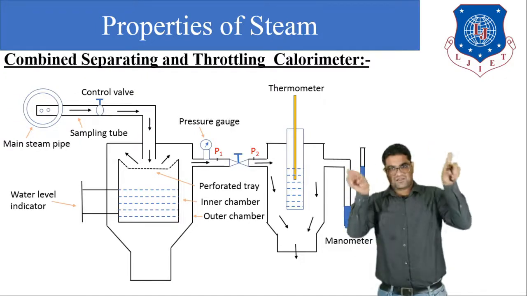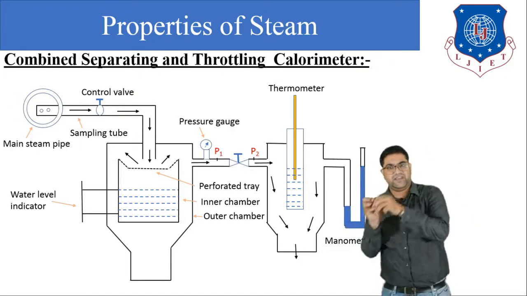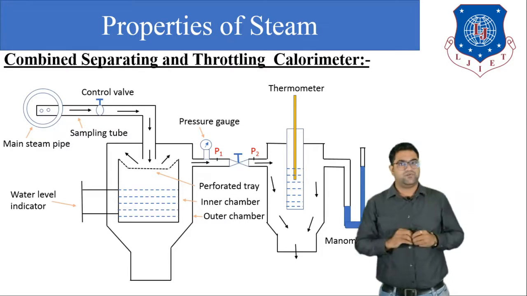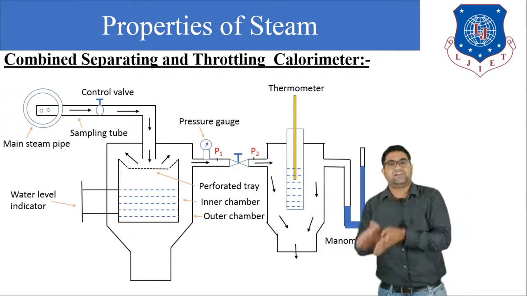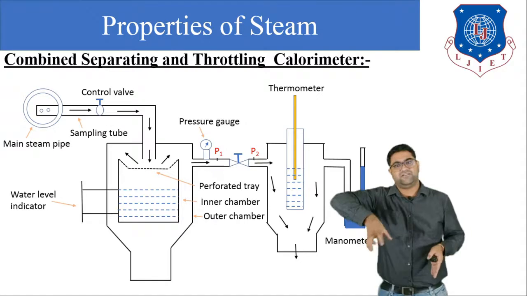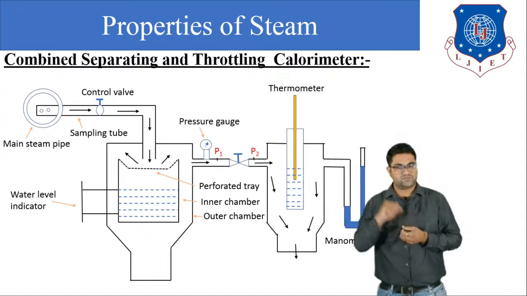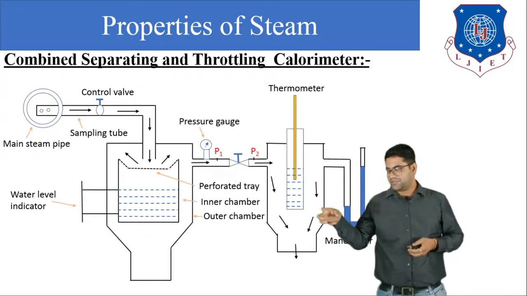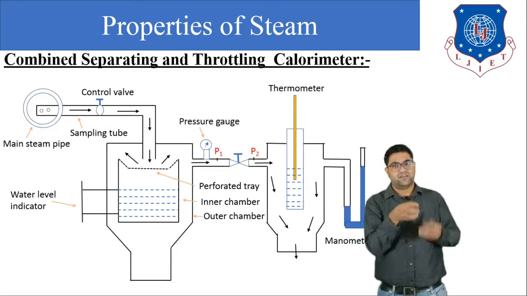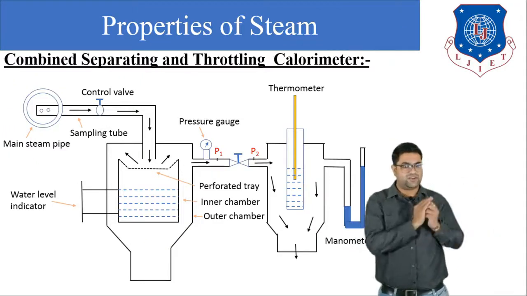From this surrounding, the steam enters the throttling calorimeter. But before entering the throttling calorimeter, there is one device called the throttle valve. The remaining steam goes to the throttle valve and then enters the throttling calorimeter.